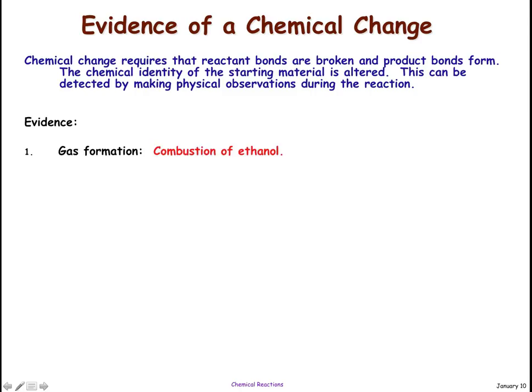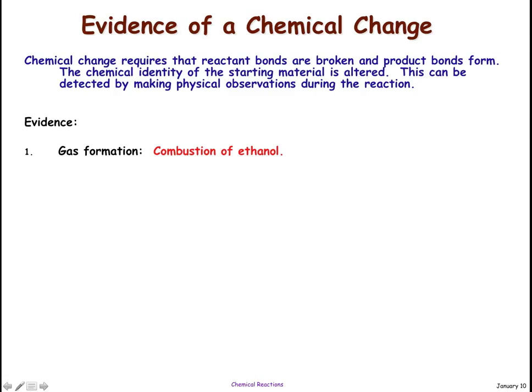Well, the first clue is that if you mix 2 chemicals, for example, and you see a fire or a spark, then that probably is a sign of a chemical reaction. An example is if you take ethanol or gasoline and you throw a match on it, it pretty much ignites.